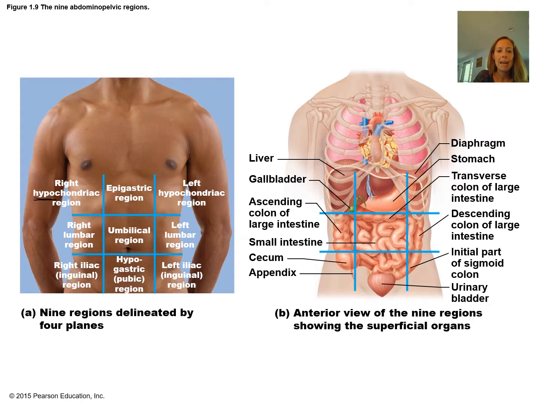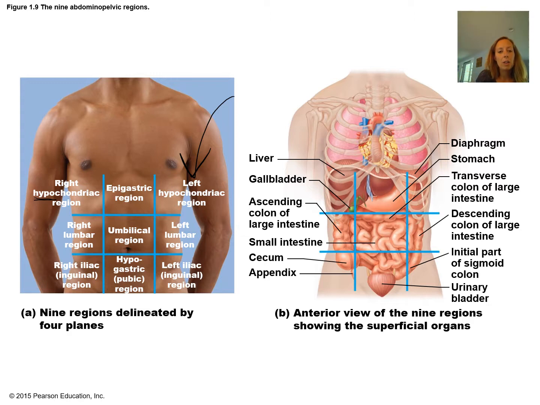You have your epigastric. Epi is going to be above the stomach. Okay, left hypochondriac. What I want you to notice is this left region is on my right. We're in anatomic position, which means you're talking about the patient's left, which is opposite your left. I know you've all heard about that before.